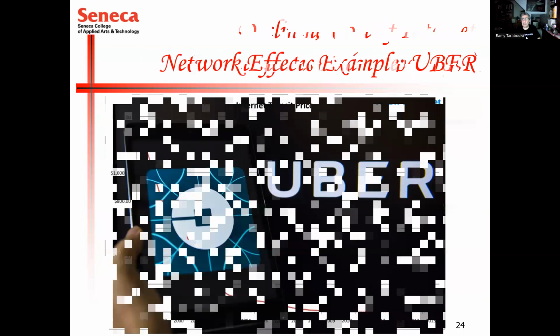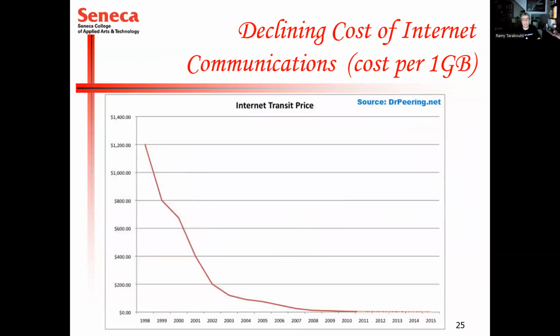The next point is the cost of internet communication. And you know that right now, the cost of internet communication is almost non-existent. But just imagine that early in the century, the cost of 1 gigabyte of bandwidth was approximately $1,000 per month.